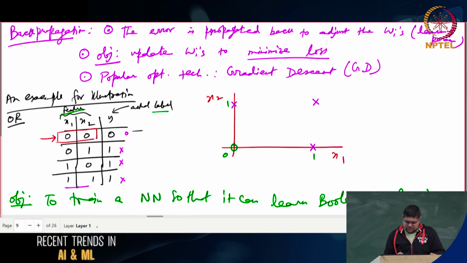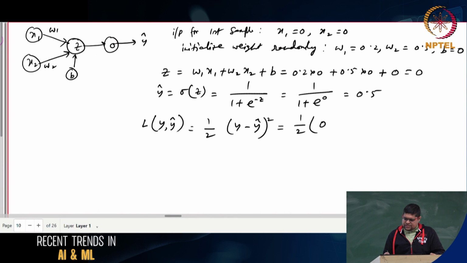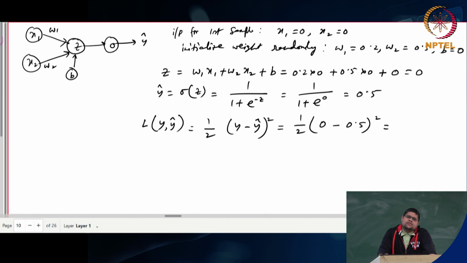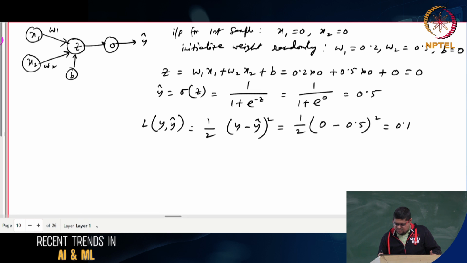Because actual level was 0, remember? So that's why I am giving 0 minus y hat. I have just calculated 0.5 square. You please calculate this value. Okay.